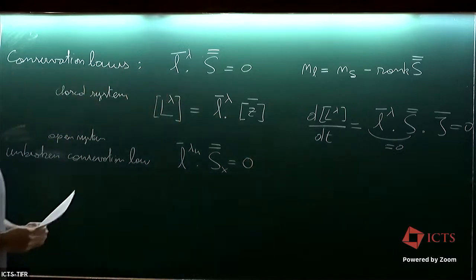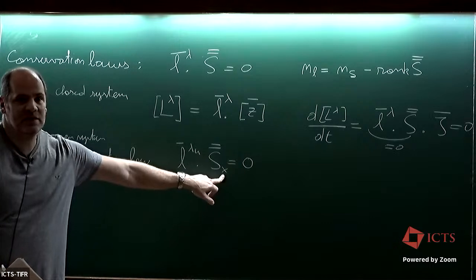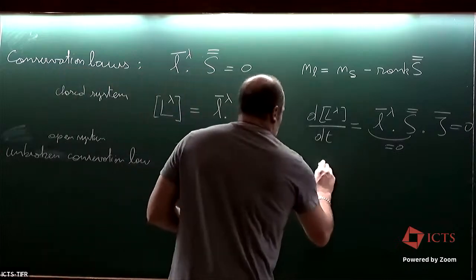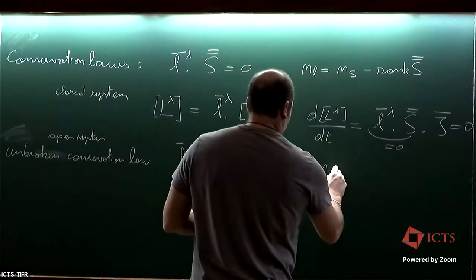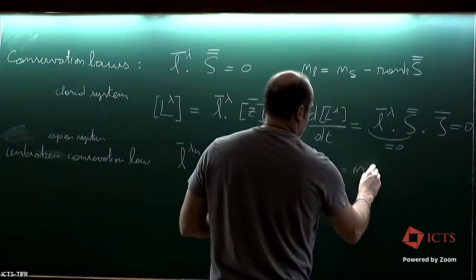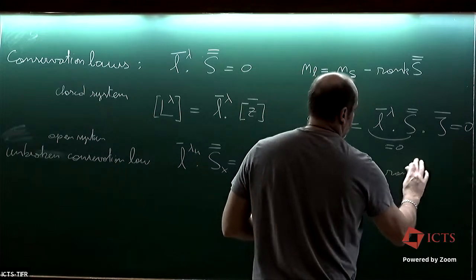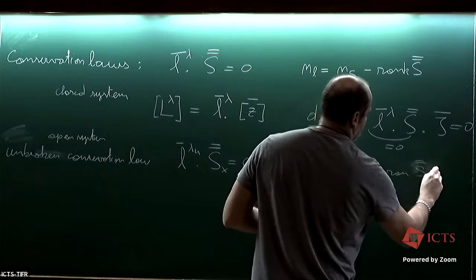Okay, so now Sx is the relevant matrix because we open the system. So when we open, these are the internal species. So the number of unbroken conservation laws is the number of X species, of internal species, minus the rank of Sx.